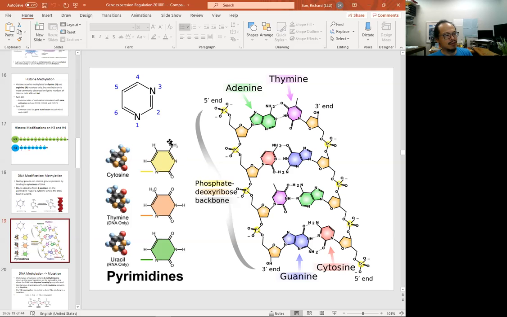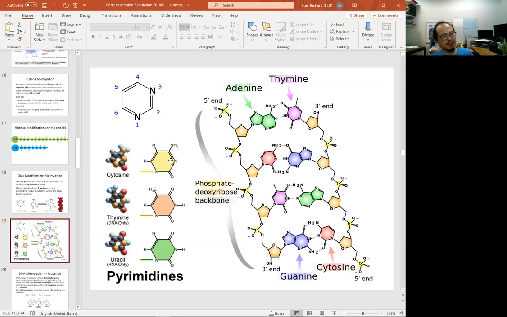If this NH2 leaves, it will be attached to an O. So this one will be viewed as a uracil, and in the DNA, there's no uracil.